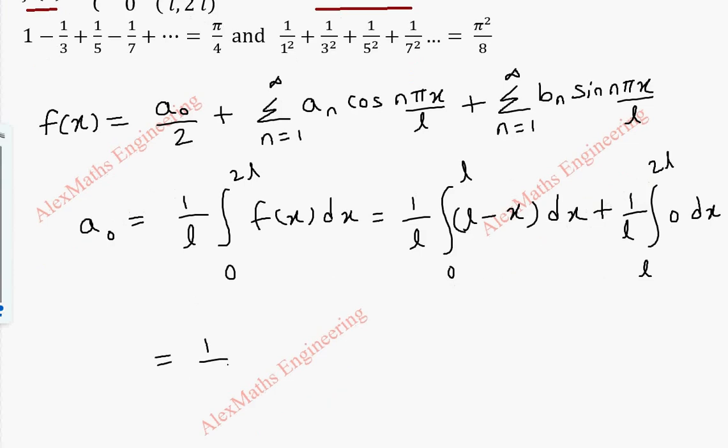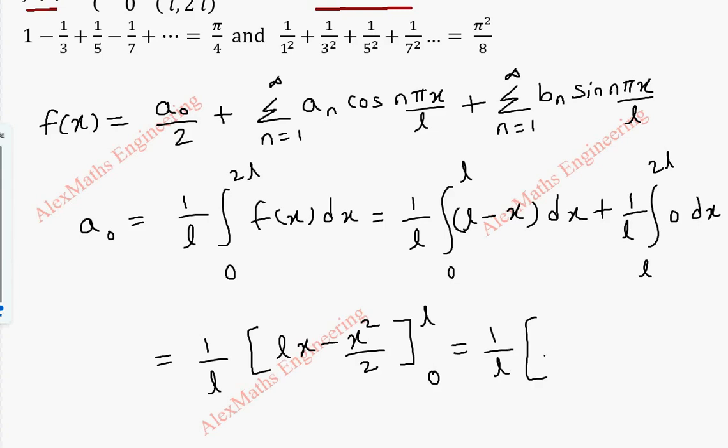We have only the first part, so 1 by L, and L minus x integration is Lx minus x square by 2. And we have limit from 0 to L. So this is 1 by L. When I put L for x, first term is L square, and this is L square by 2. When I use the lower limit, everything becomes 0.